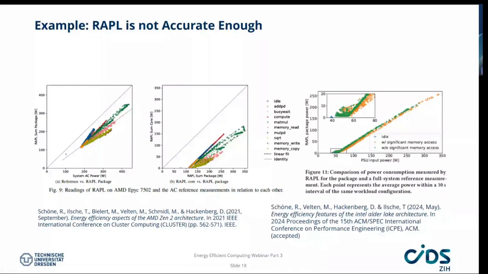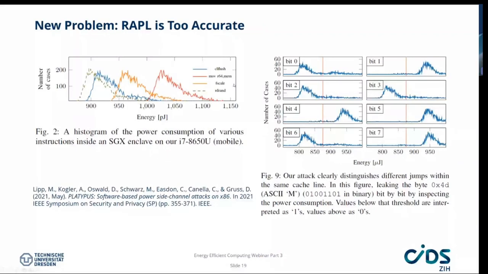So always be aware of that when using RAPL to validate and report energy efficiency of programs. The other problem is that RAPL is too accurate, and that was seen here on that mobile processor by Lip et al. You already know that depending on the instruction that you're running, you will have a different power consumption, which we see here. We can differentiate between the different functions that are executed and see that in the power profile.